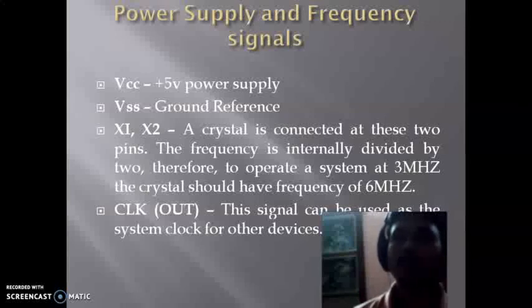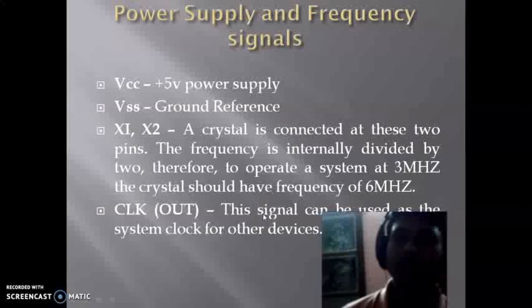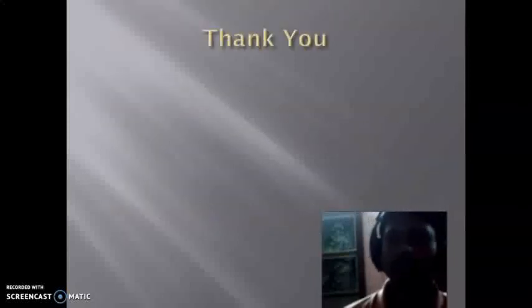That's why we have to provide a 6 megahertz crystal oscillator connected between the two pins X1 and X2 to provide 3 megahertz of frequency. Now we have clock out. This signal can be used as a system clock for other devices. Basically, the clock frequency that we get from the microprocessor can be used for other peripheral devices. Thank you.